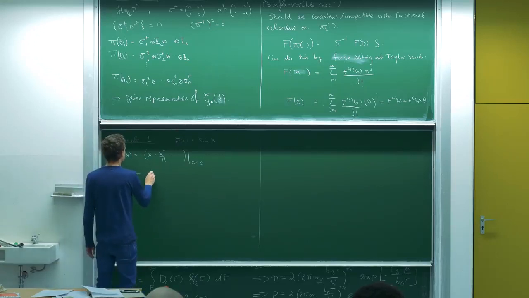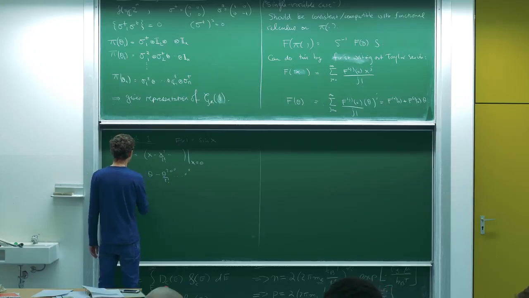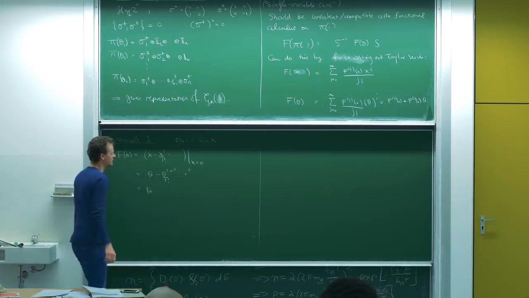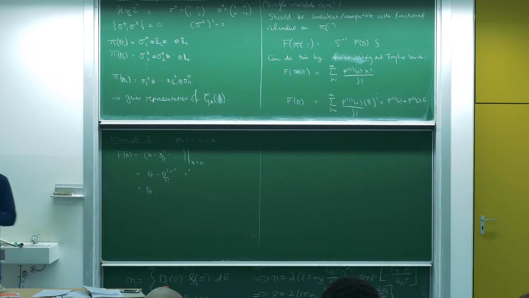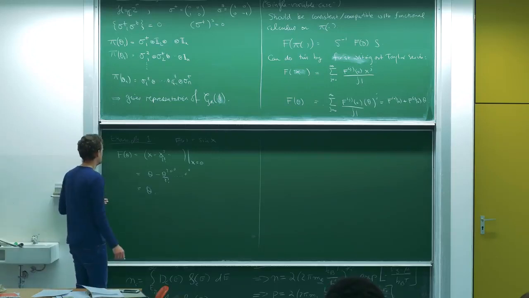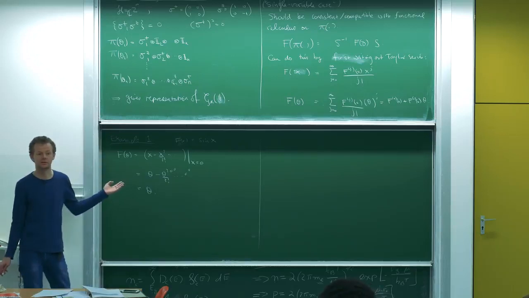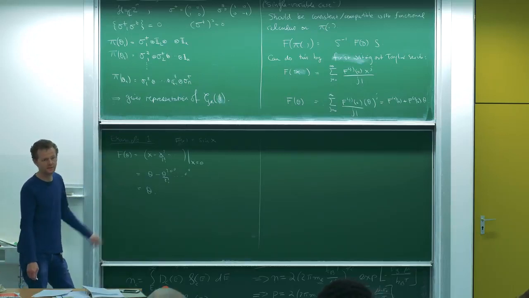And what we find is you get theta minus theta cubed, and that's 0. So sine of theta is just theta. All right, fine, that's a consequence of the definition we've written down.